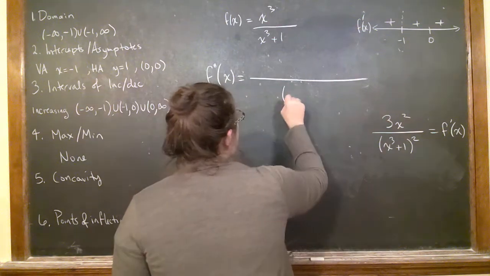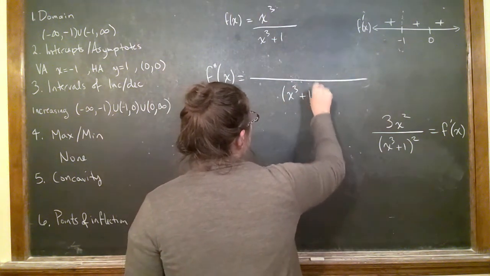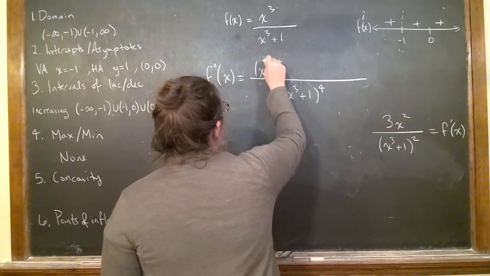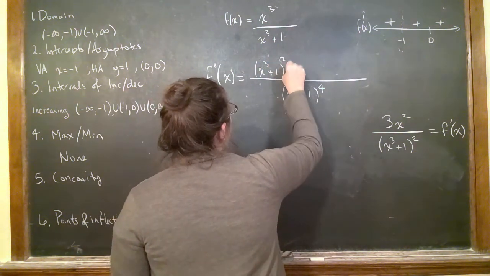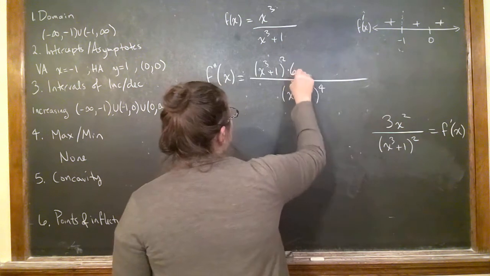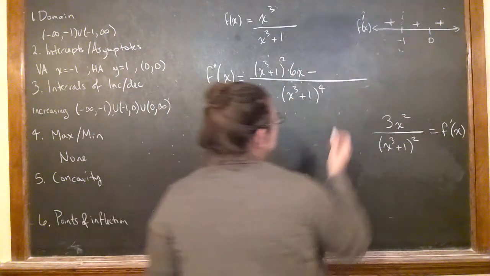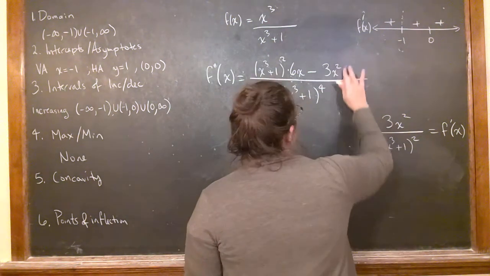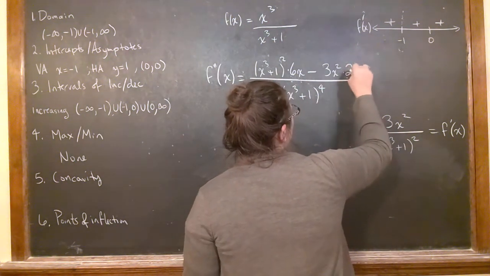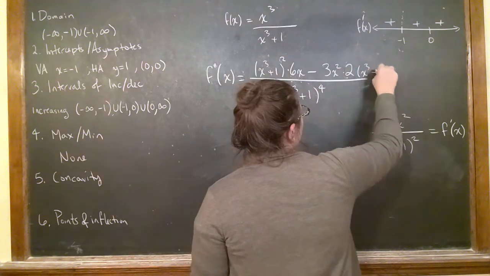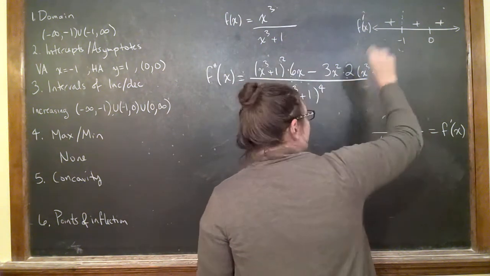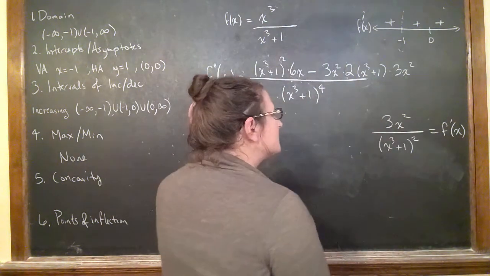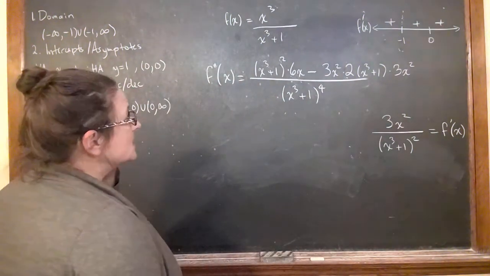So I've got x cubed plus 1 to the 4th, and then I'll have x cubed plus 1 squared times the derivative of the top, which would be 6x, minus the top, which is 3x squared, times the derivative of the bottom, which is then going to be 2 times x cubed plus 1 to the first times the derivative of the x cubed plus 1. So chain rule all around. So this is a little messy.